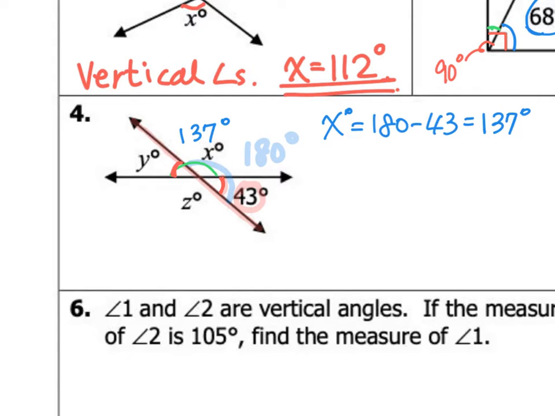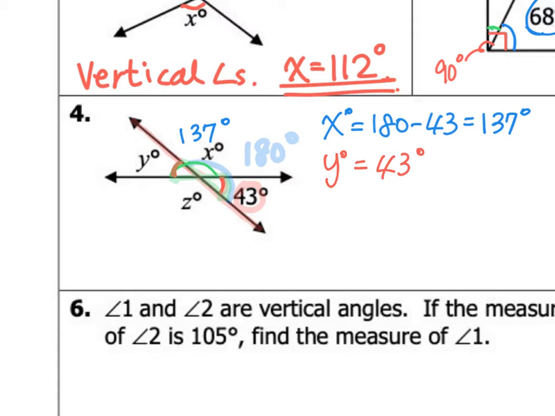What is their relationship? Does this look like a little bow tie? That's right. It is a vertical angle. So y equals 43 degrees. Was this easy to find? Let's move on to z.